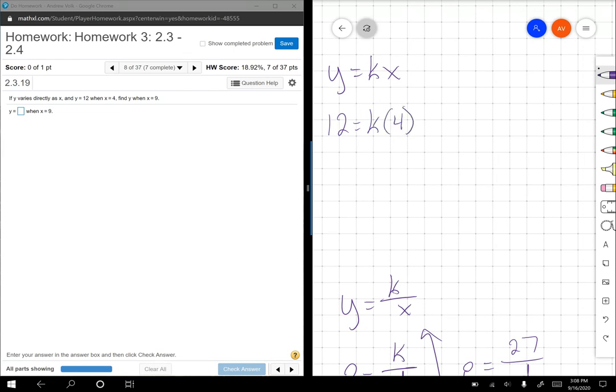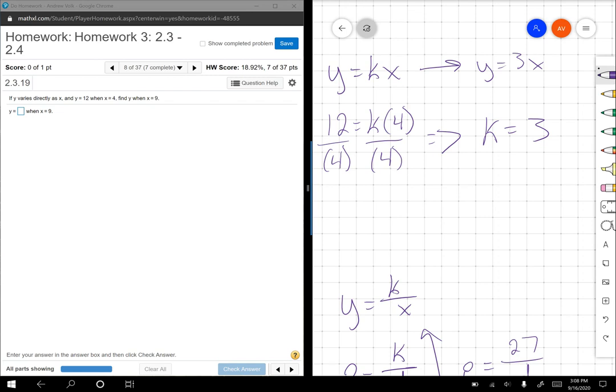So we need to figure out what the k is. The k is always the same number, even when the y and the x change. So it ends up being k equals 3, because 4 times 3 equals 12. Wonderful. So our formula would actually be y equals 3x.